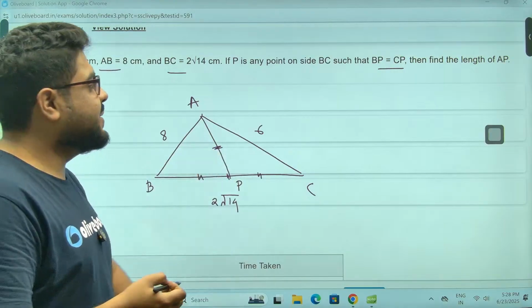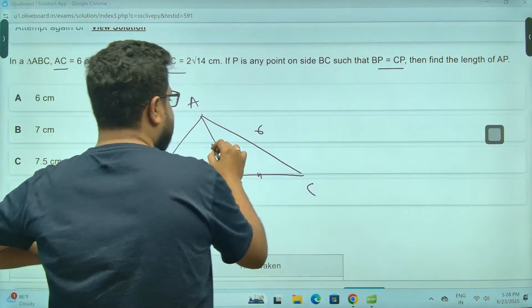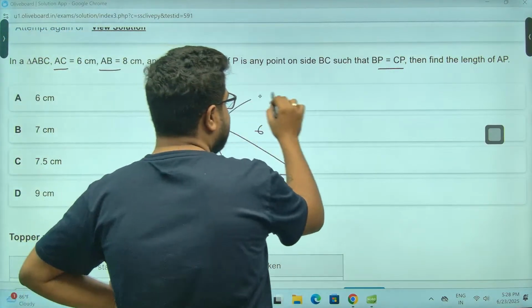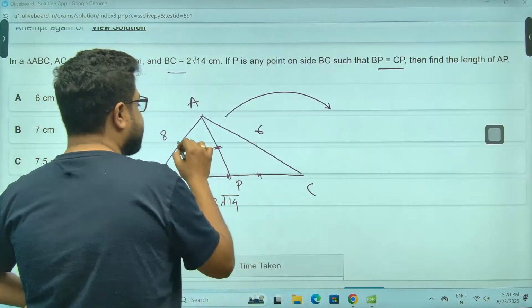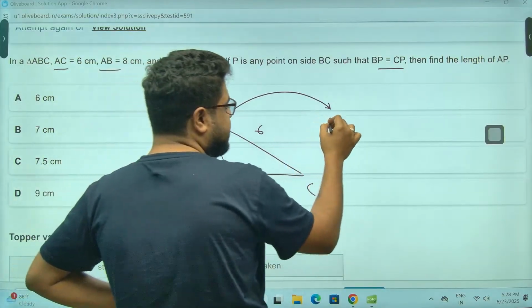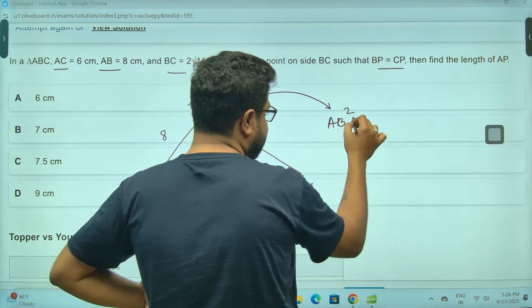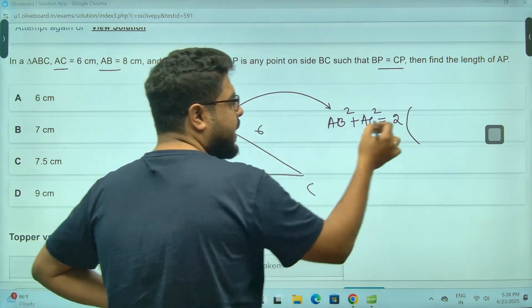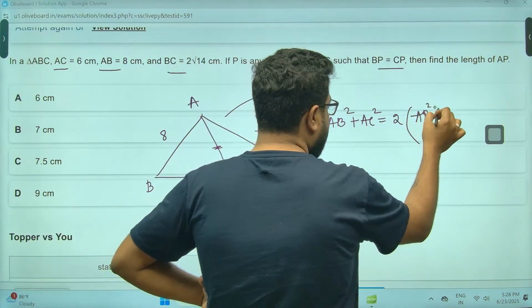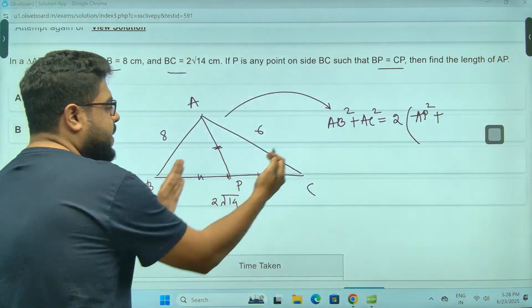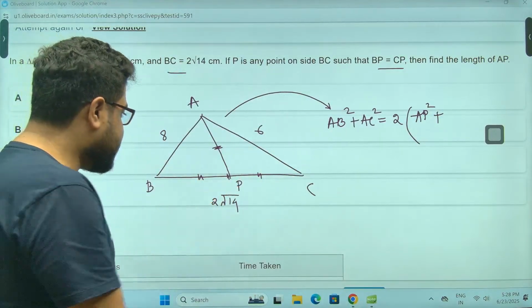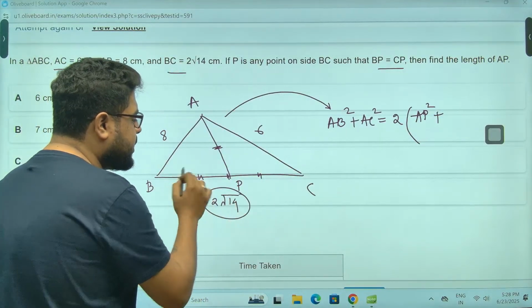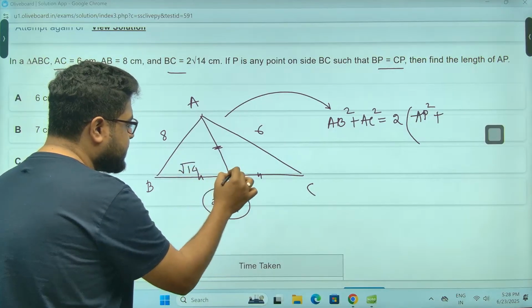So the length of AP, they are asking the median length. There is something called the Apollonius theorem, which says the sum of the squares of two sides, AB square plus AC square, is twice the median square plus either BP square or CP square, both are the same. This total is 2 root 14, so every side is root 14.